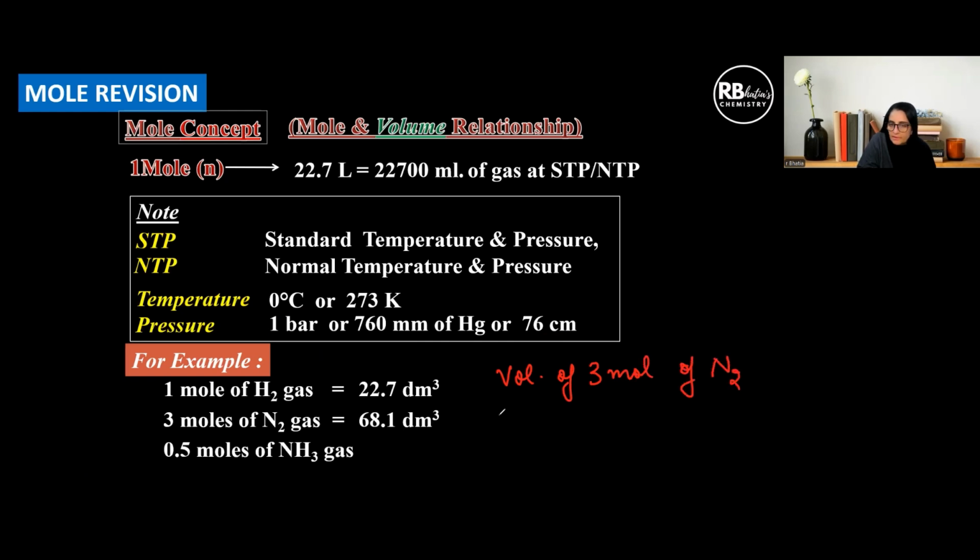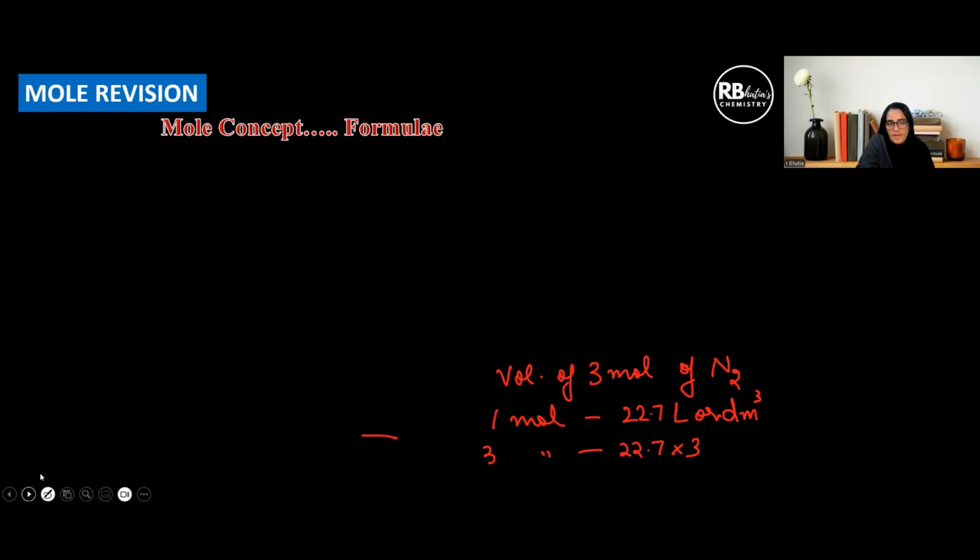How do I calculate? 1 mole occupies 22.7 liter or decimeter cube. So 3 mole is going to occupy 22.7 into 3, which is going to be this value. Similarly, you want to calculate for 0.5 mole, so it's going to be half.